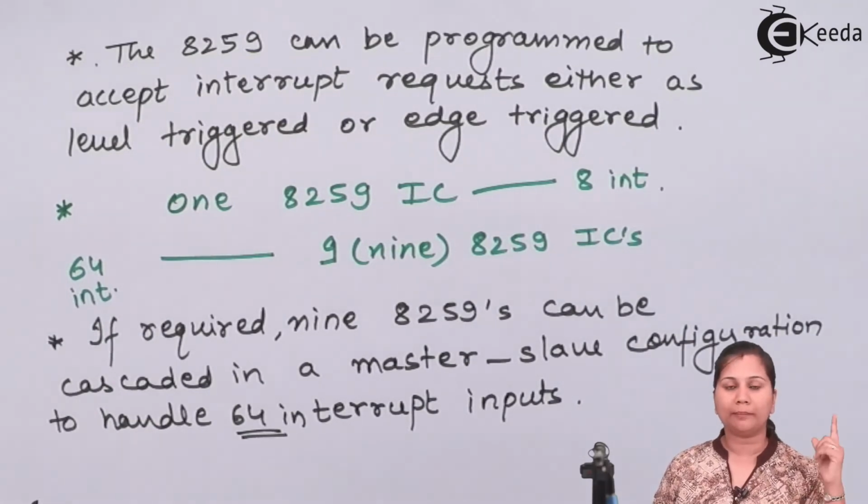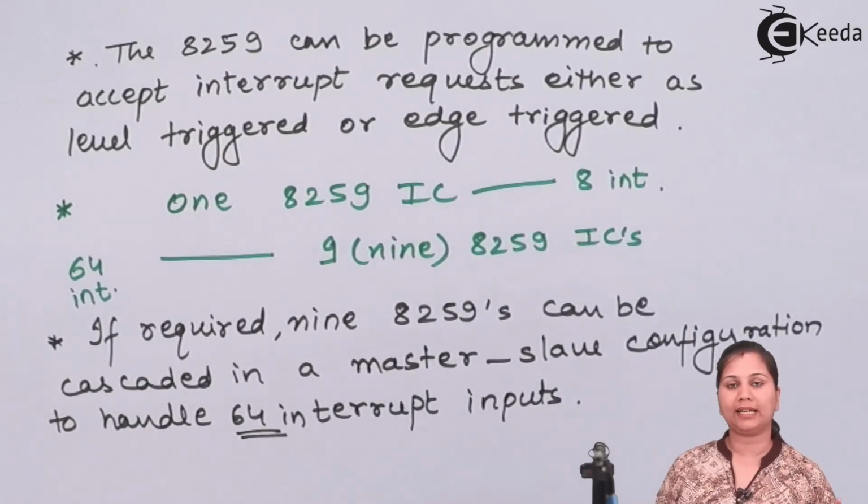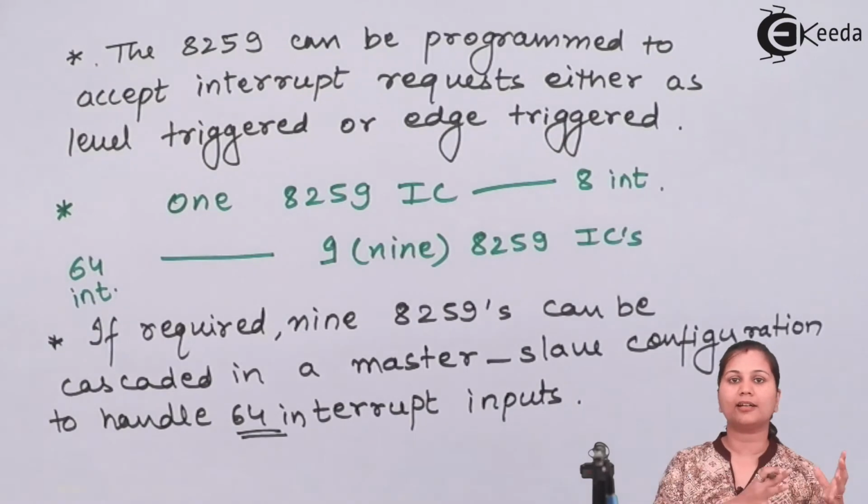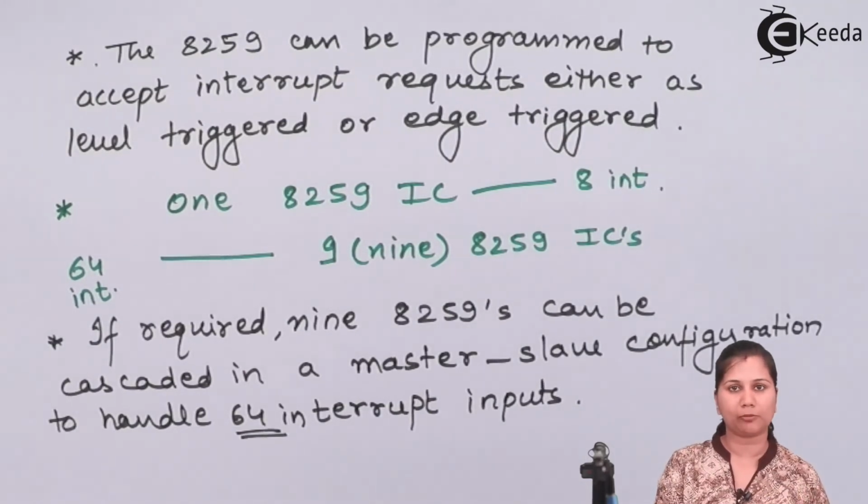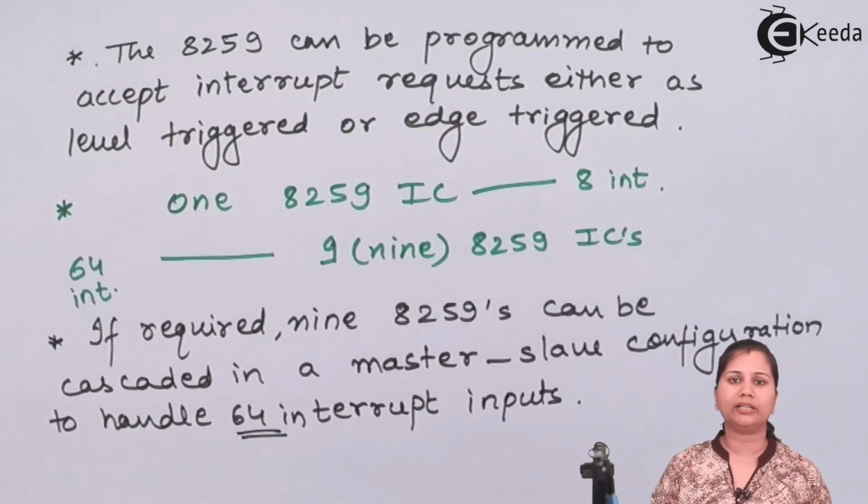So the master 8259 IC can directly send the request also, or it will accept the request from the slave ICs, and then give the request to the microprocessor. This we will discuss in detail when we study the modes of operation of 8259.